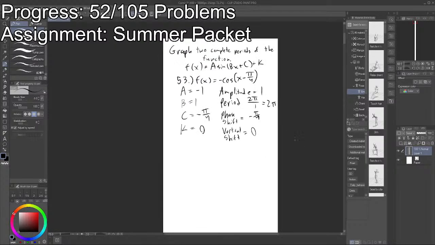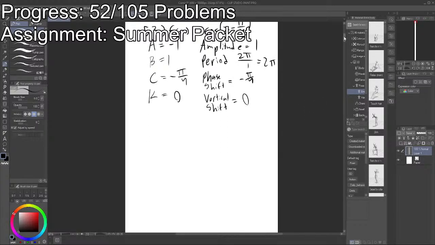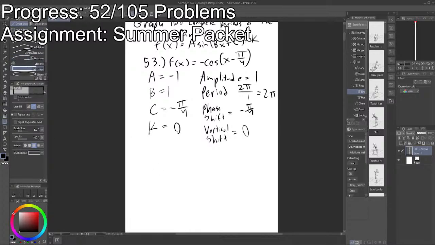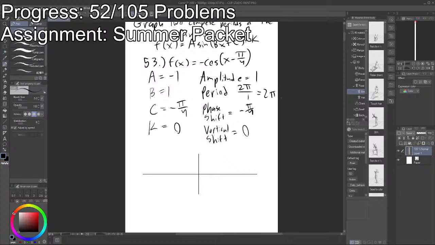Alright, so now I have to graph it. Should I use lines for this, or I'll just make a for the axis. Alright. So period's normal. So I'm just gonna make it 1, 2, 3, 4, 2 pi at the end.